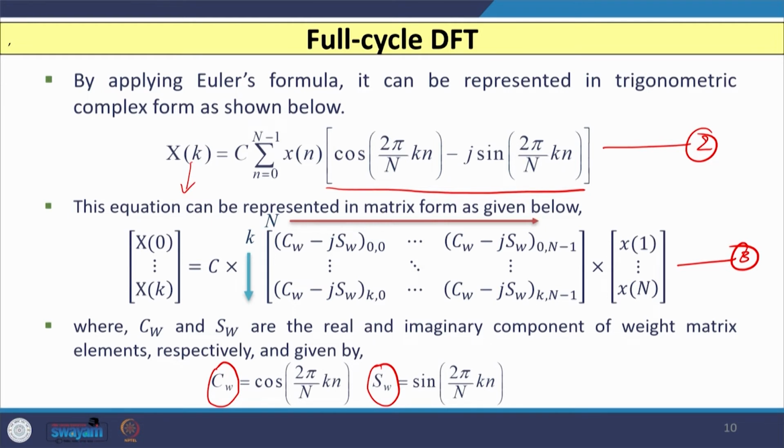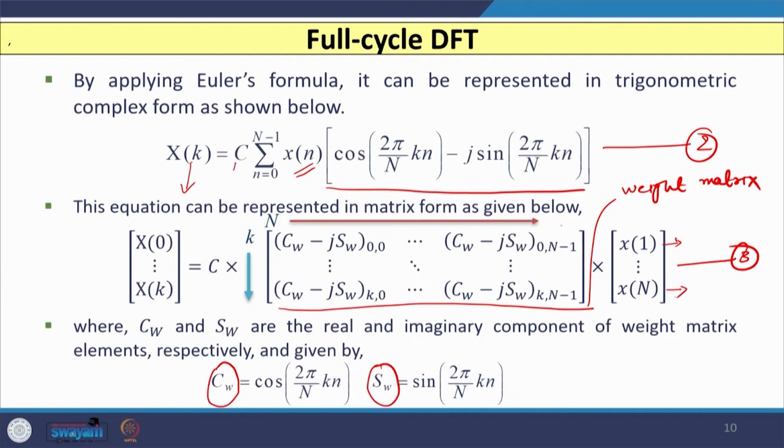On the right hand side, C is a constant, which is a scalar term, and then there is a matrix, known as the weight matrix, which is multiplied with the terms x1 to xN. These are the sampled values of the signal which we are acquiring, varying from 1 to N, the number of samples in a cycle.